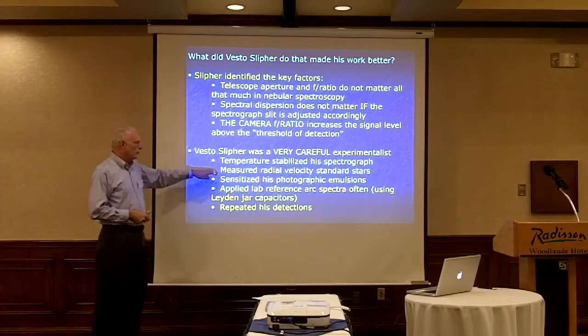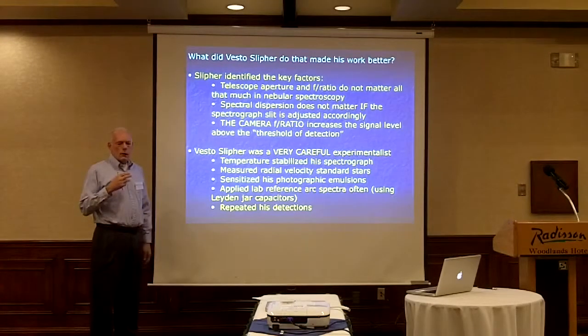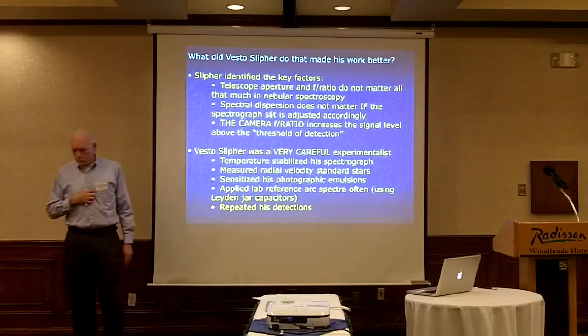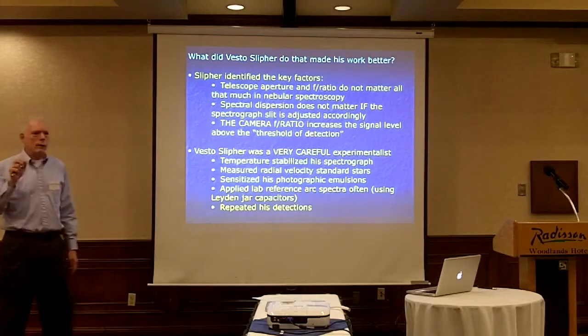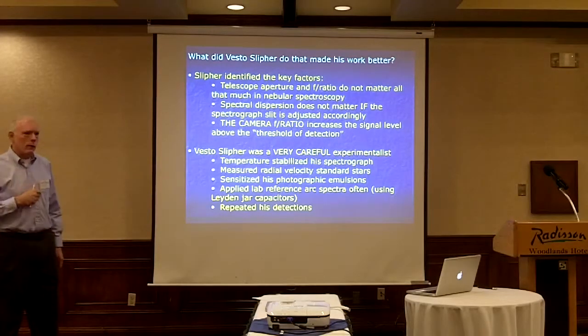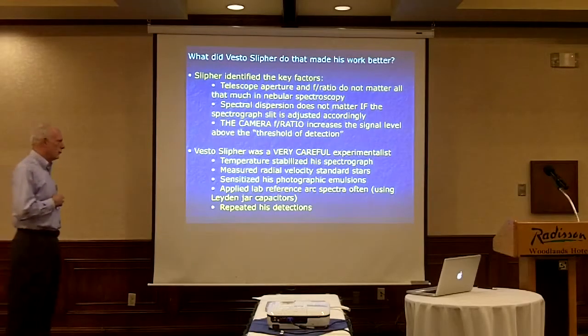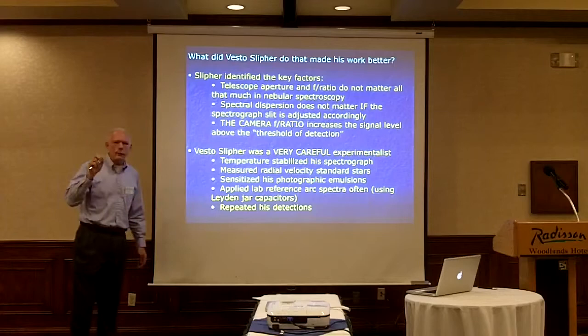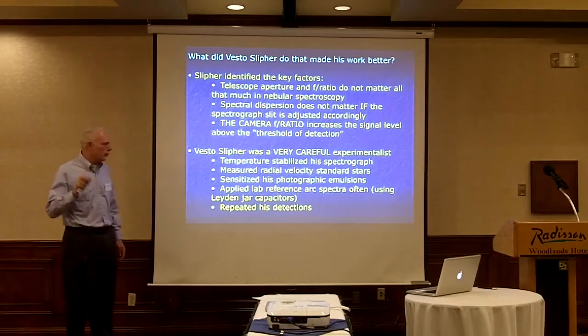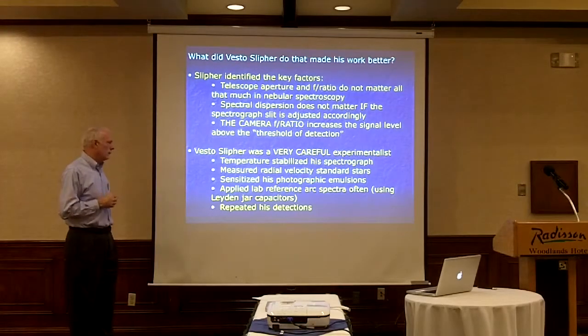As mentioned by Robert Smith yesterday, early on, after getting the Brashear spectrograph, Vesto Slipher was right in there doing radial velocity standard stars on the initial configuration of the spectrograph, testing whether he could actually measure a given radial velocity.